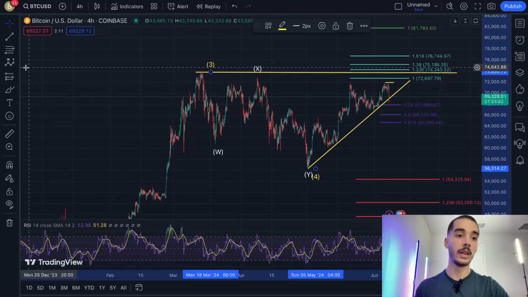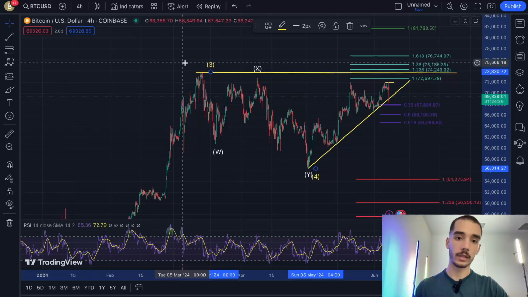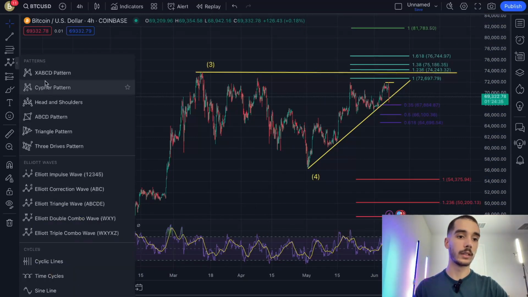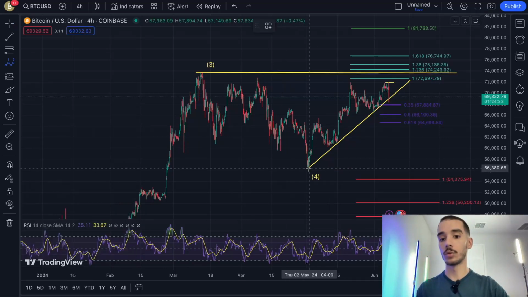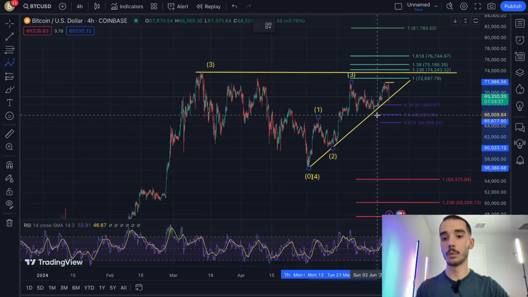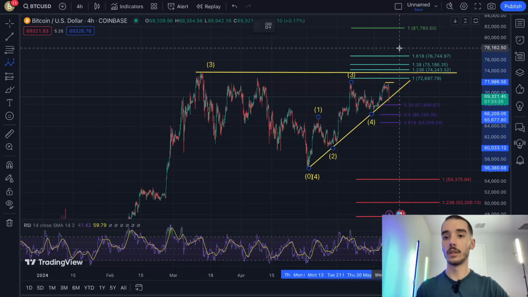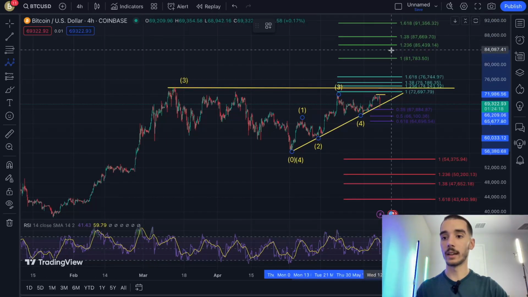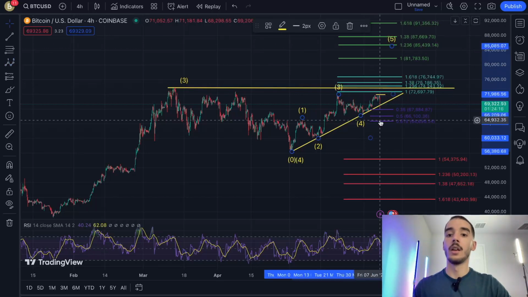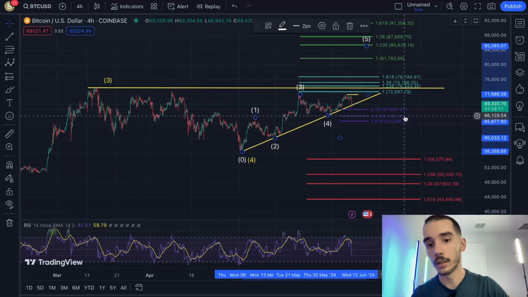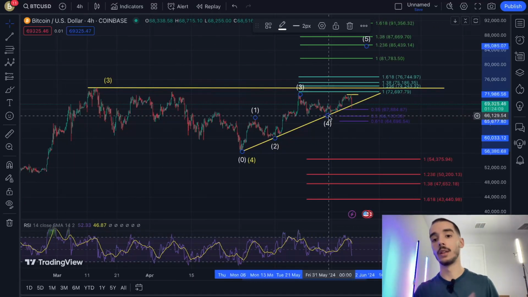Indicating that if we can remove this one now, this potential 1, 2, 3, possibly 4 already, and then 5, we can end this shorter term one at least at $85,000. This indicates that if we do break up higher, this fourth wave is also confirmed to be in place.